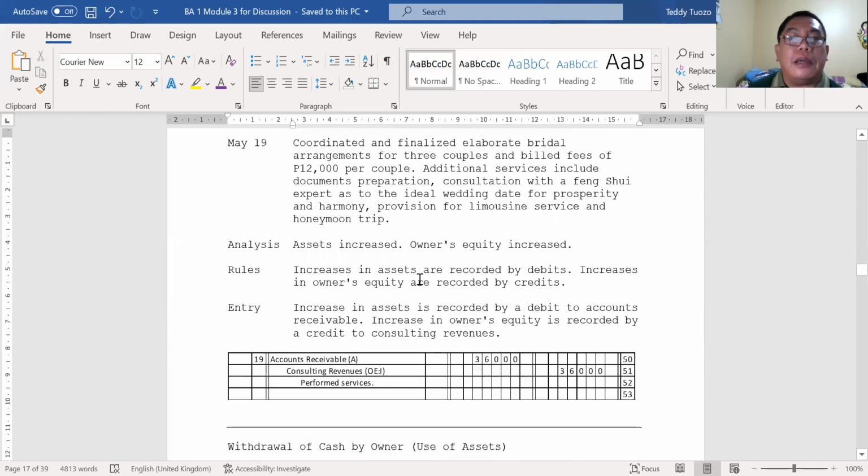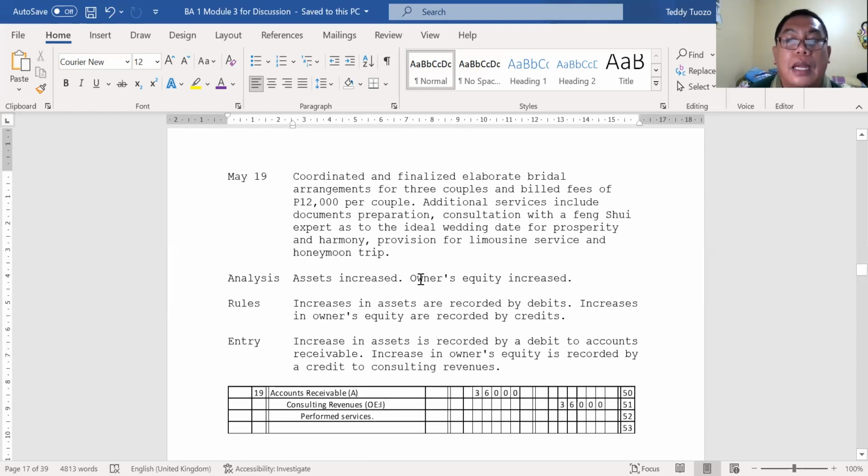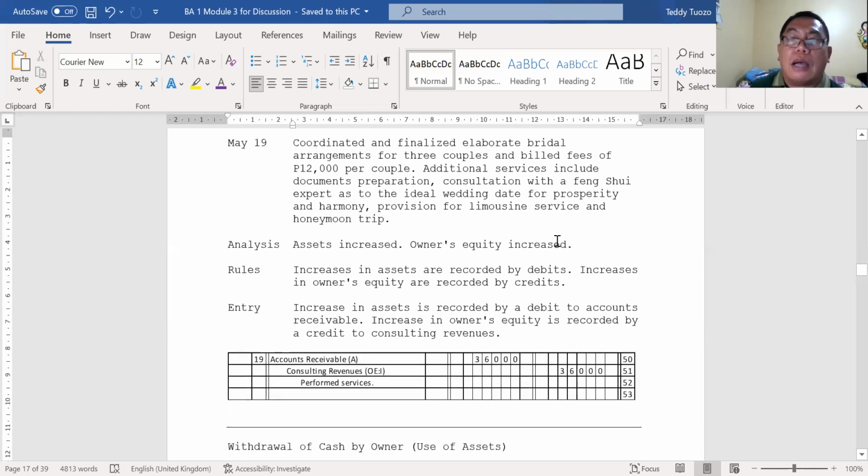So the debit here, since the work is done and he billed them but they have not paid yet, is accounts receivable. So the asset increased here in the form of accounts receivable, and the consulting revenues also increased in this transaction.